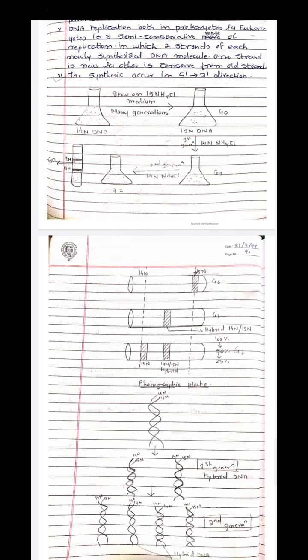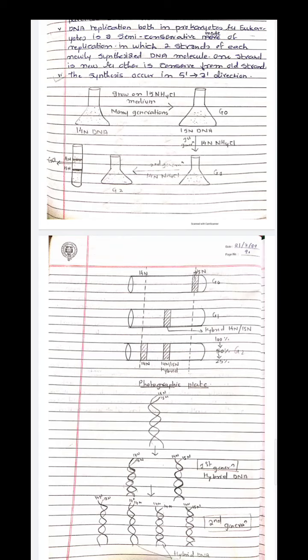After many generations, they found that all the E. coli contained 15N DNA. Then after 20 minutes, they got the first generation. In that first generation, they found hybrid DNA, that is 14N, 15N DNA.